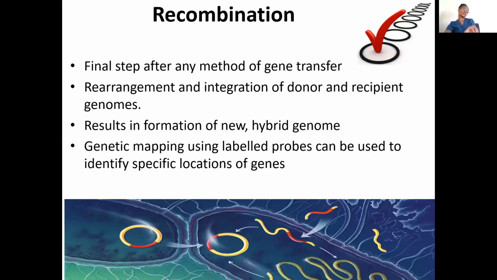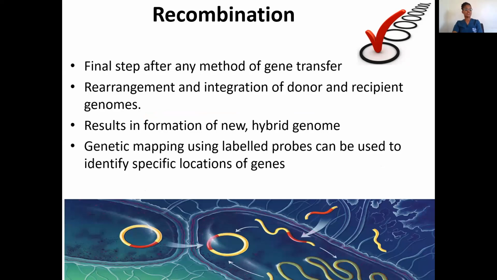So recombination is what happens after the gene transfer. So we will have rearrangement and integration of donor and recipient genomes, and this will result in formation of a new hybrid genome.